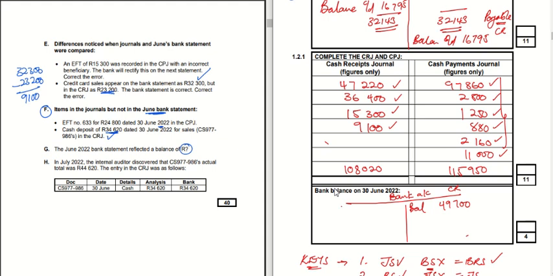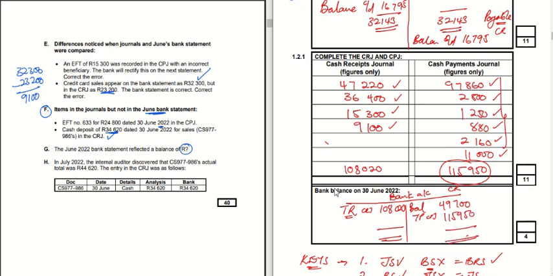So I'll take these totals now. I'm going to say here's my total receipts. Okay, total receipts from the CRJ, and how much is that? 108,020. Okay, so I'm going to take now my total payments from the CPJ. How much is that? This one here, 115,950.